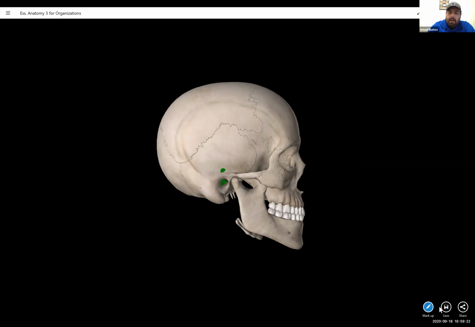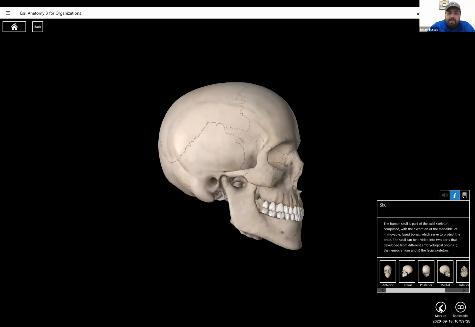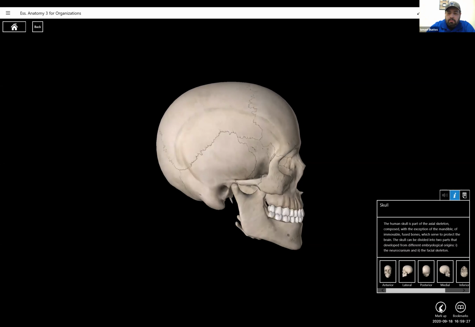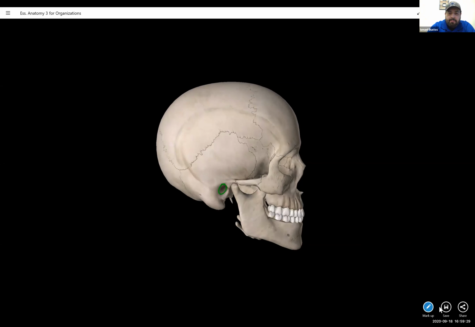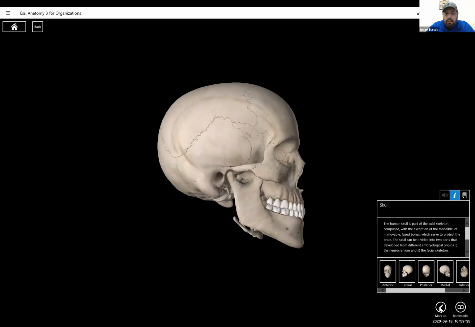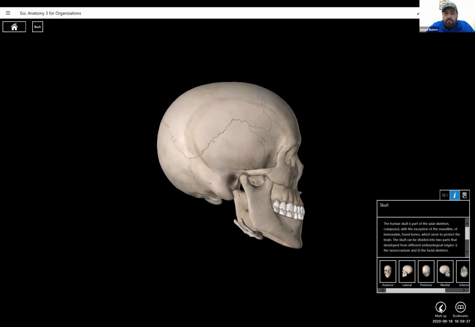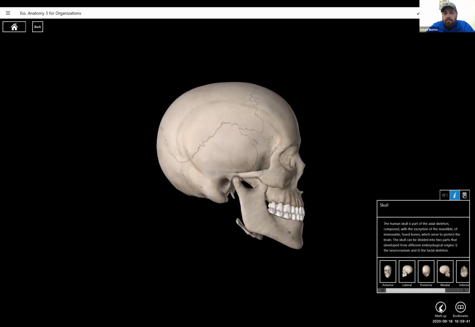Now, if I saw this EAM there, but then I saw another one back here, what does that tell me? Rotation. If I see two rami like that, rotation. Good.